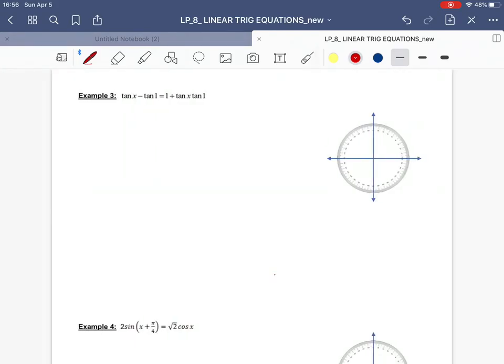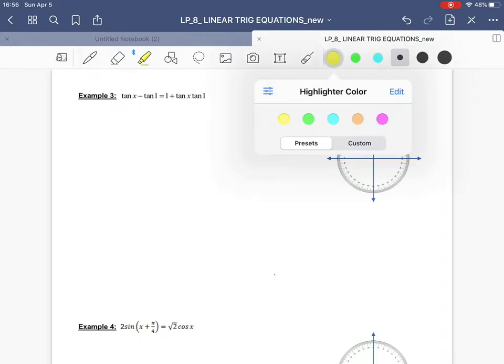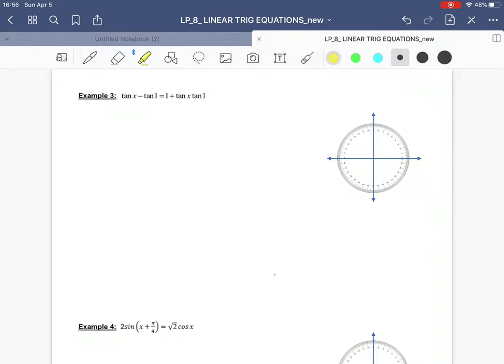Our next example, example number 3, again similar to examples 1 and 2. So this time we have tan x minus tan 1 equals 1 plus tan x tan 1. Again, probably recognize some pattern in here. So we have tan x minus tan 1 on one side of the equation, and the other side is 1 plus tan x tan 1.